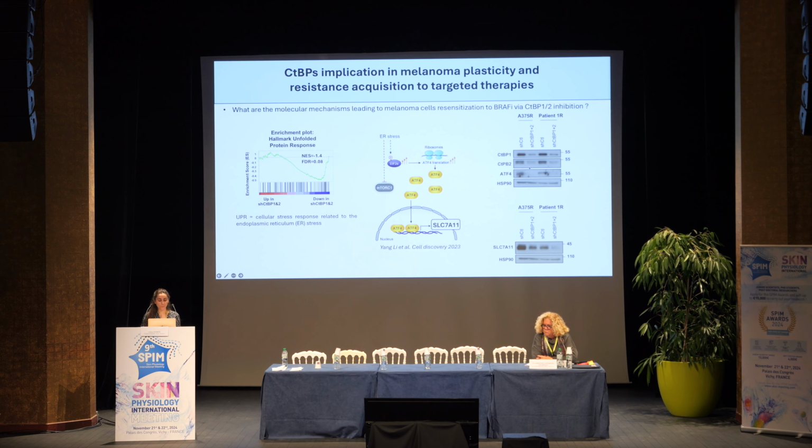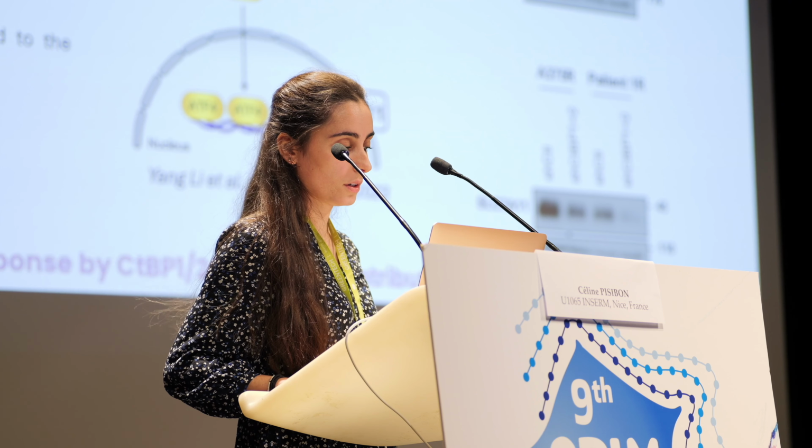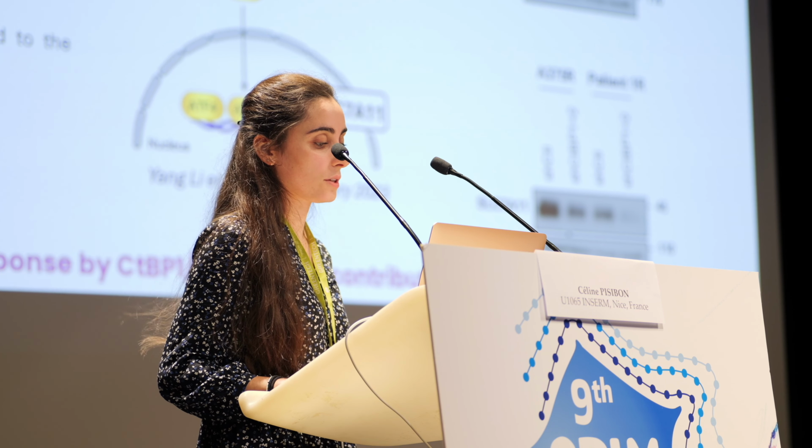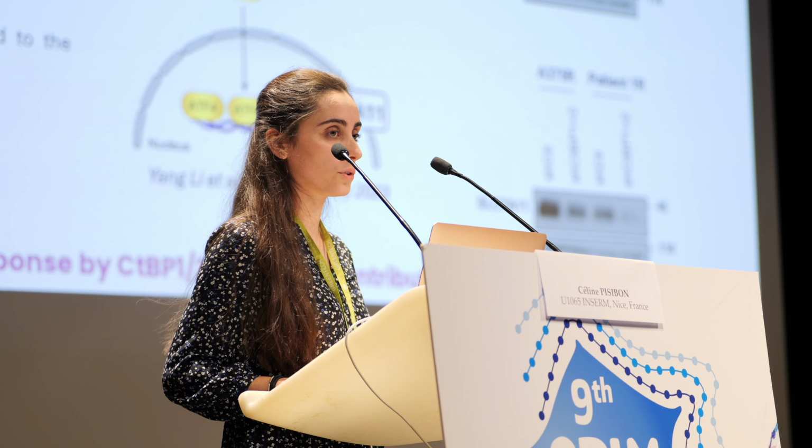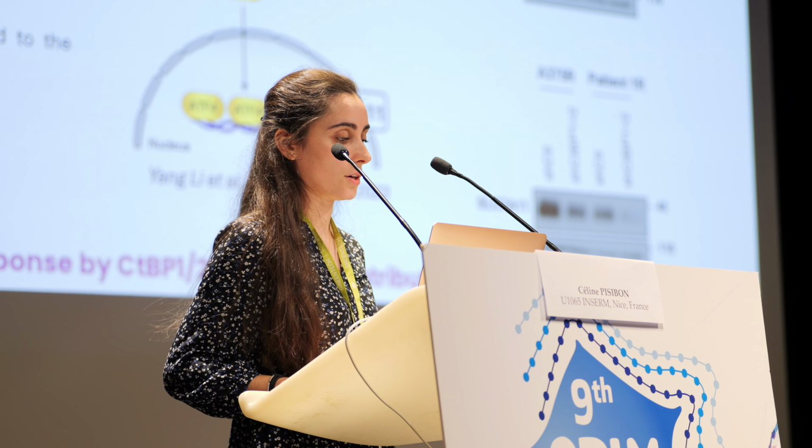And then we looked at one of the targets of ATF4, which is SLC7A11, that we also confirmed at protein level, where you can see a decrease of the expression of SLC7A11 when we decrease the expression of CTBP1 and 2. So attenuation of ER stress response by CTBP1 and 2 inhibition contributes to the resensitization to targeted therapies.